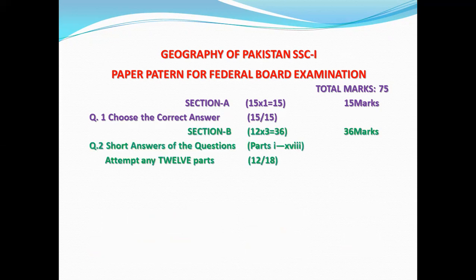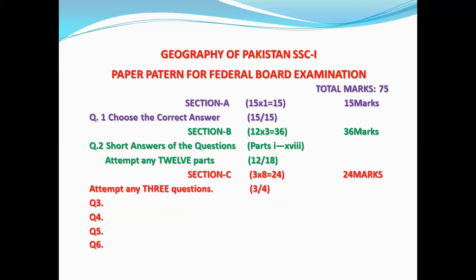Then the section B, here are the short question answer. Here are 1 to 18 parts of question 2. You will attempt any 12 parts. Each part carries 3 marks. Section B has 36 marks.